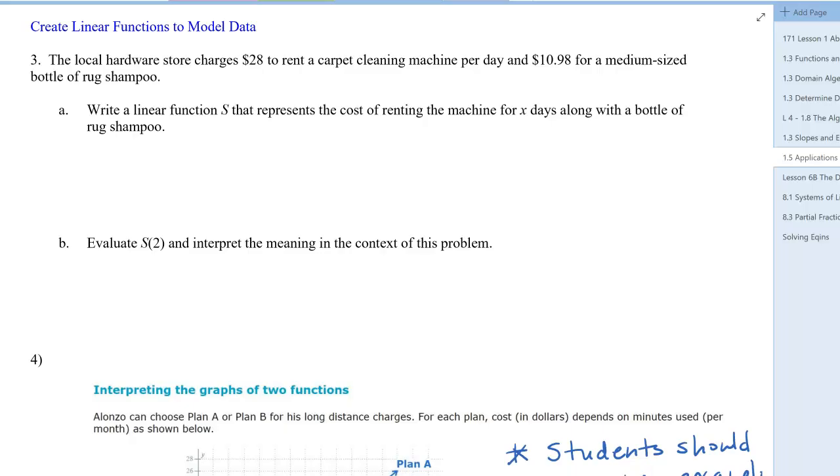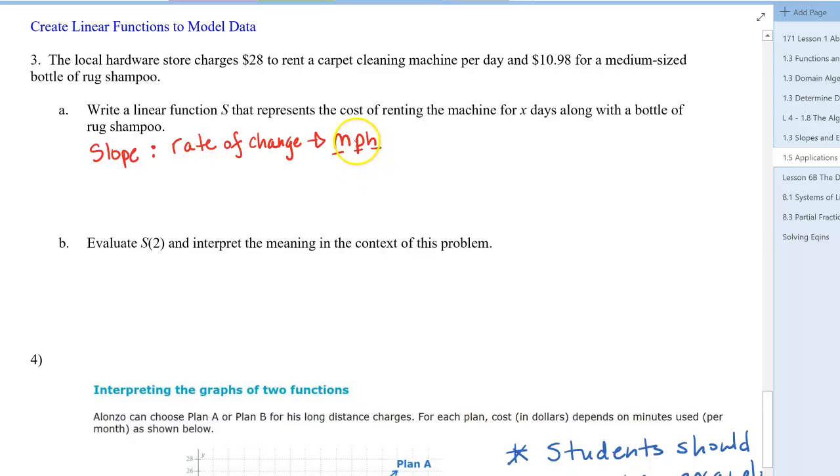So to write a linear function, we need two things. We need the slope, and remember that the slope is a rate of change. Now, one rate of change that we're probably very familiar with is the speed at which your car goes, and that would be miles per hour.